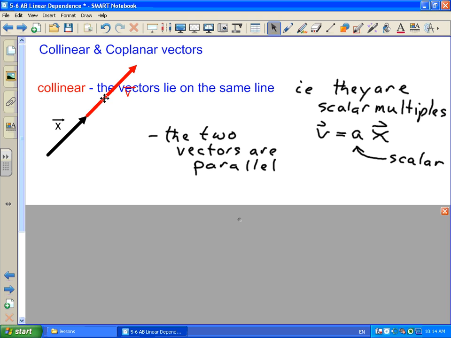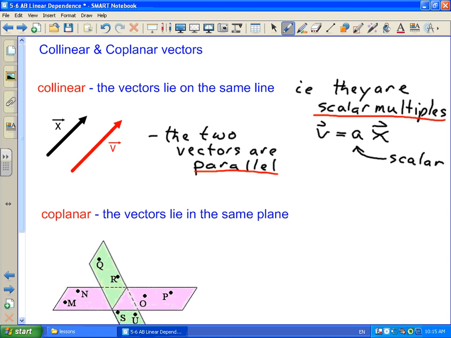So mathematically, these two concepts of being collinear and being parallel and being scalar multiples are all the same when we're dealing with two vectors here. These terms are not used interchangeably, but mathematically they mean almost the exact same thing. So collinear means they're in the same line.